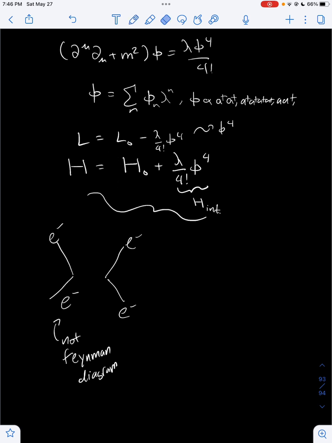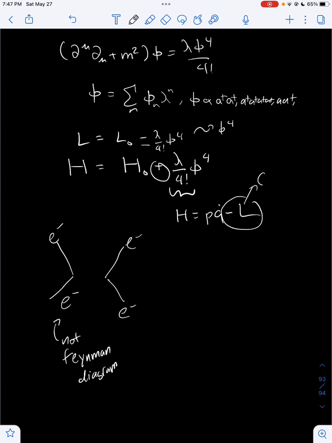We're going to have a free term and an interaction term, where here is the Hamiltonian interaction term. And it's going to be opposite from the Lagrangian, because think about in classical mechanics how the Hamiltonian is p q dot minus L. So it's a minus L. If L has a positive part, it's going to show up as a minus for the Hamiltonian. But for quantum field theory, basically.